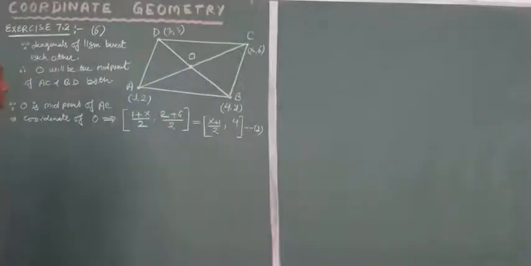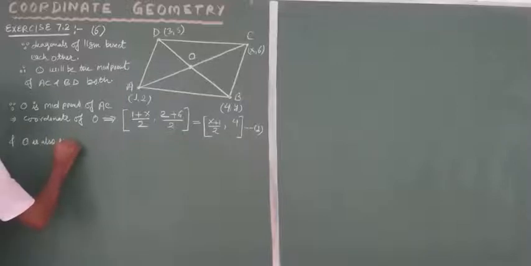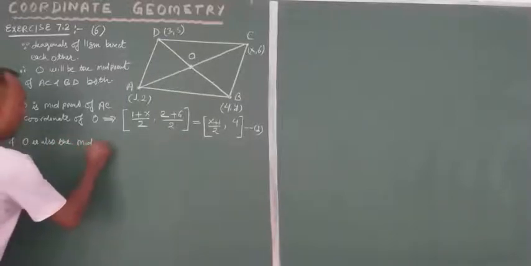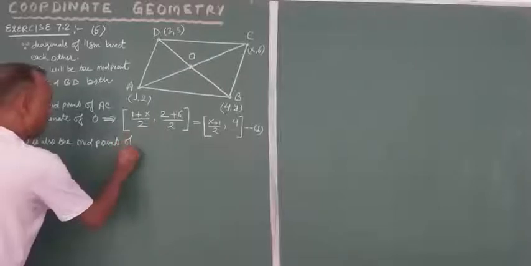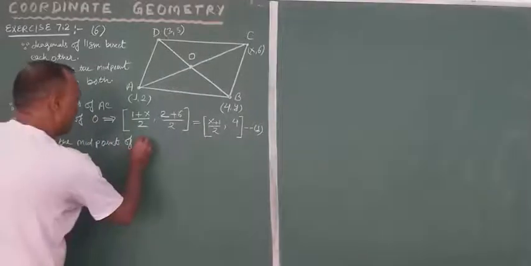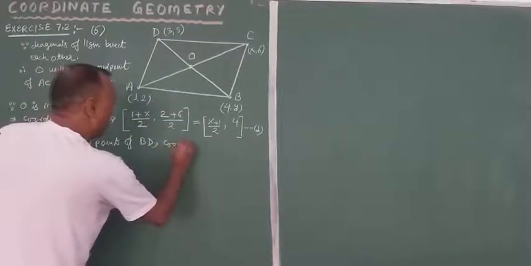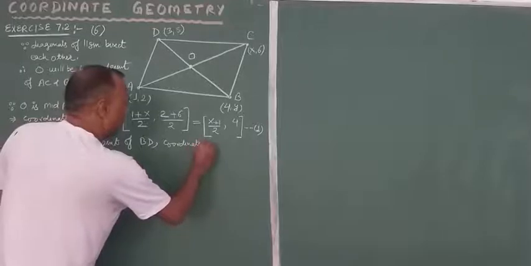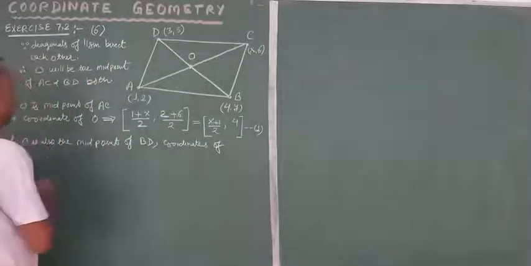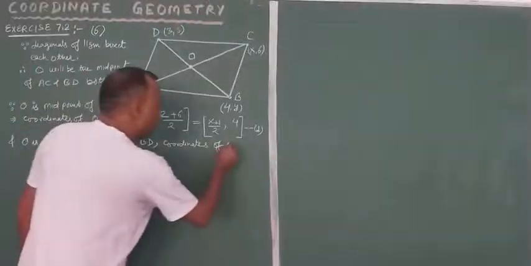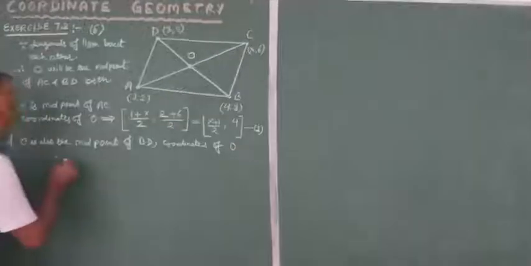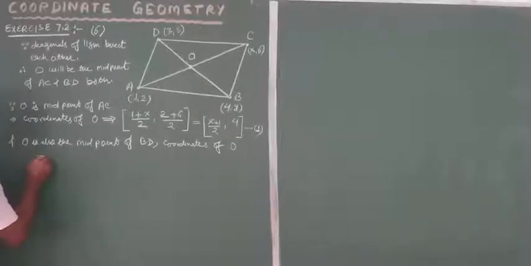Again, O is also the midpoint of BD. Therefore, coordinates of O will be again (x1 plus x2) upon 2.